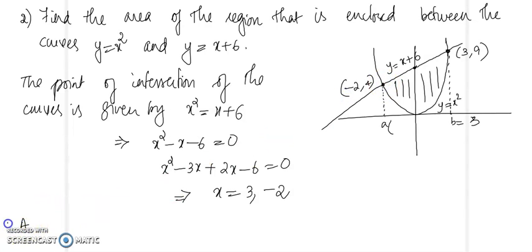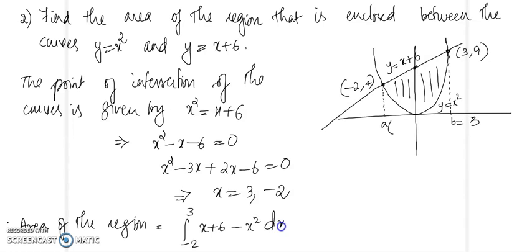So therefore the area of the region is the integral from minus 2 to 3 of f of x minus g of x, so x plus 6 minus x square dx. So that is x square by 2 plus 6x minus x cube by 3 from minus 2 to 3.